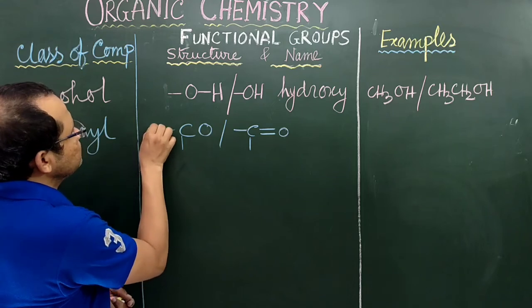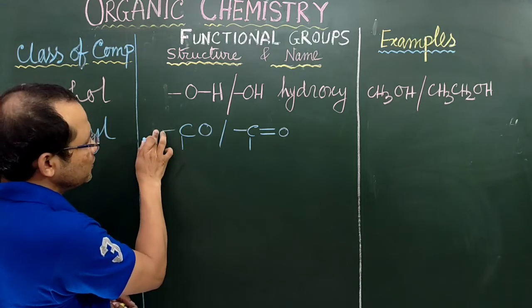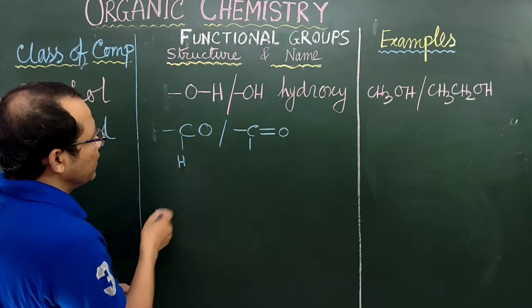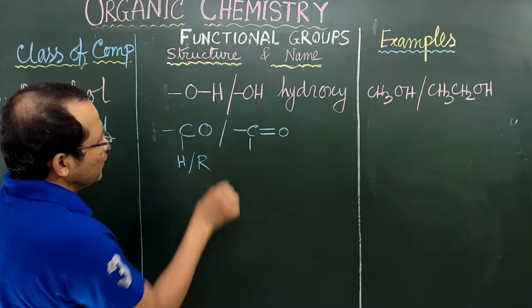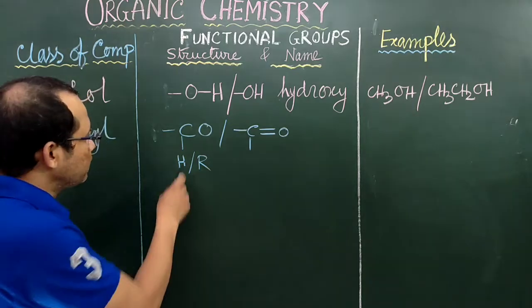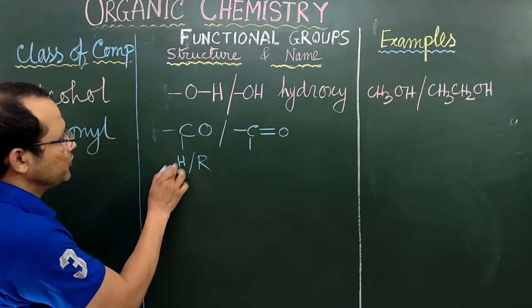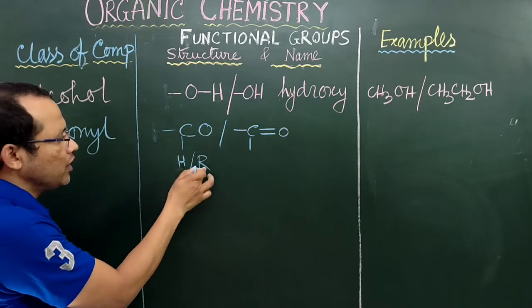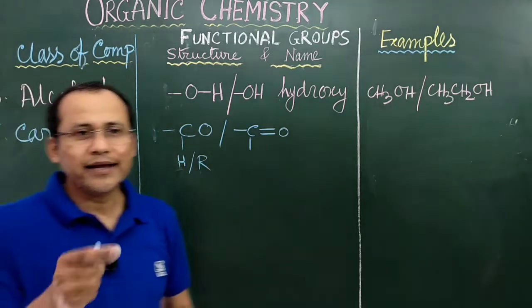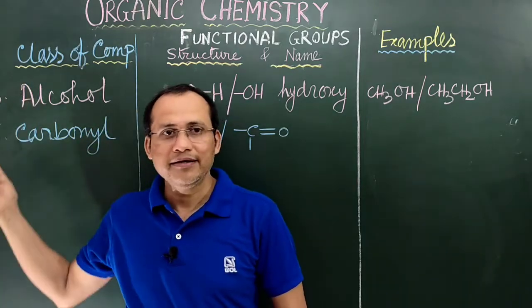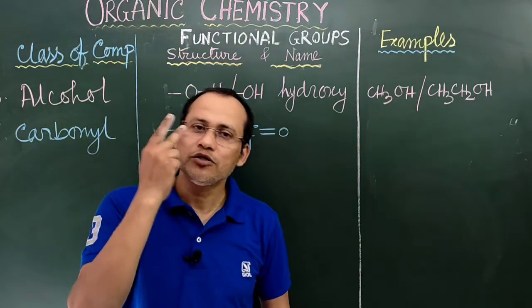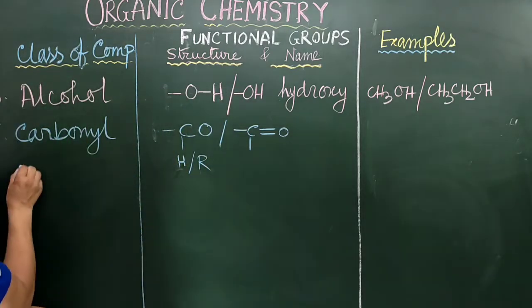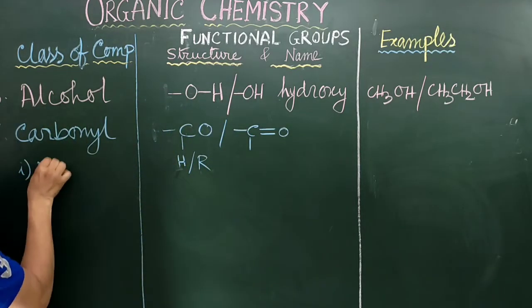Essentially it will be linked to one alkyl group, and this portion may be linked to one hydrogen or one R group. Now depending on whether it is linked to hydrogen or linked to R, we can classify these types of compounds again in two subcategories, and they are: number one, aldehyde.